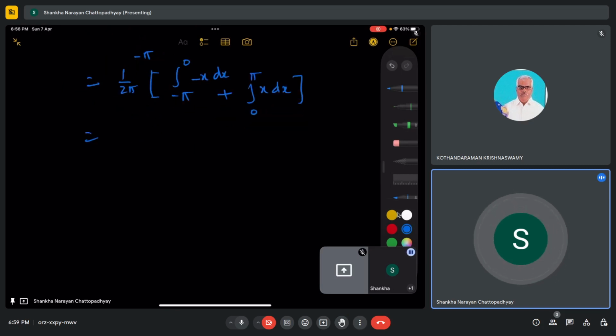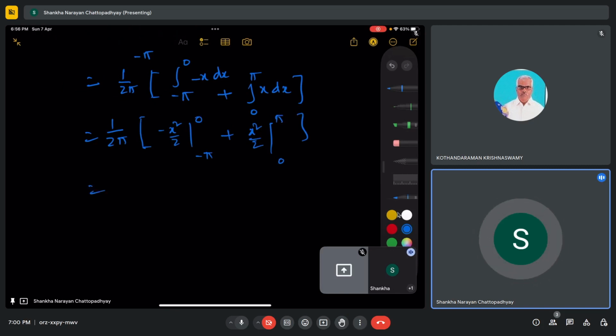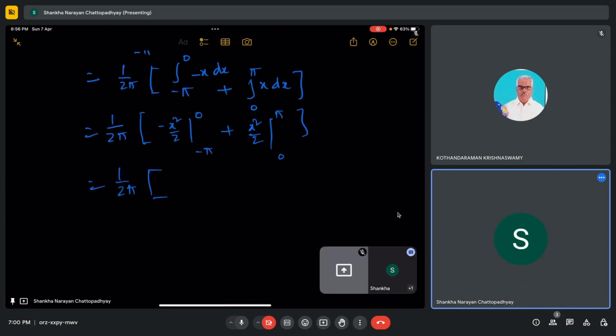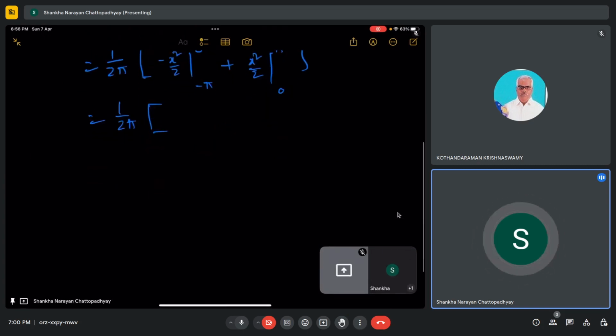So it implies 1 by 2 pi times minus x square by 2 from minus pi to 0 plus x square by 2 from 0 to pi.